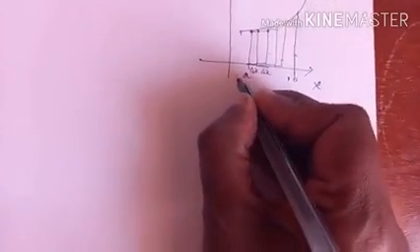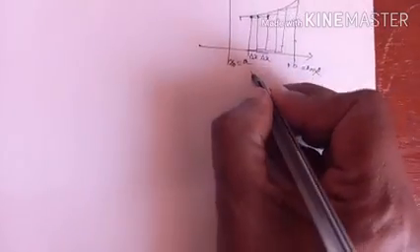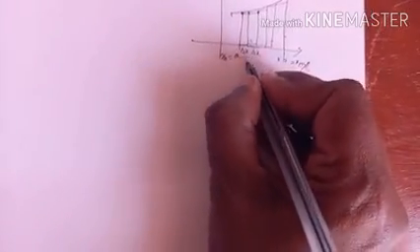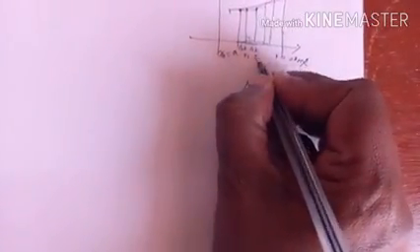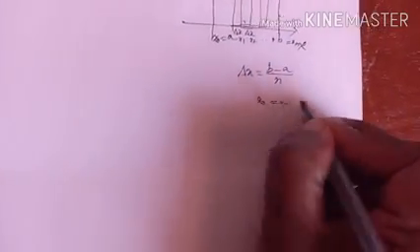Let a be x naught, and b be xn. Hence this is x1, this is x2, etc. So x naught is a.